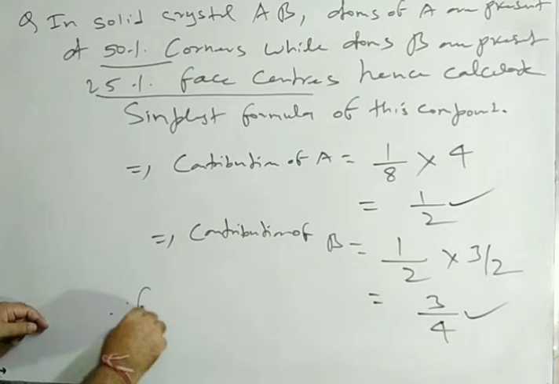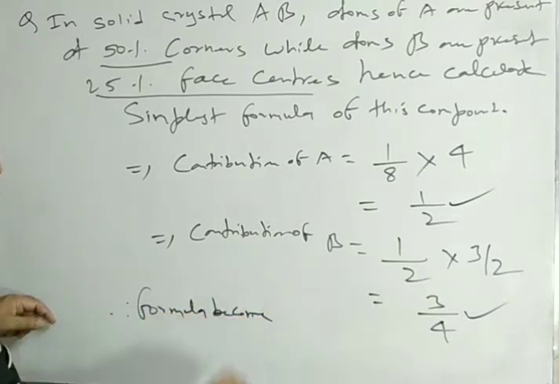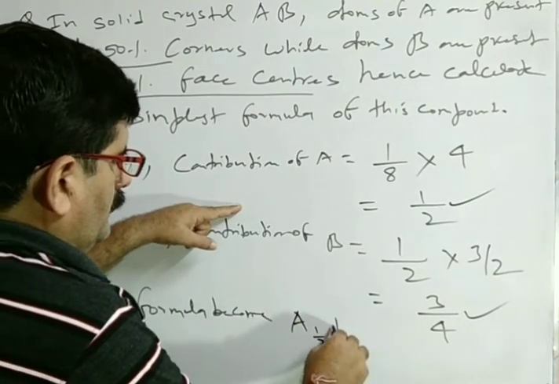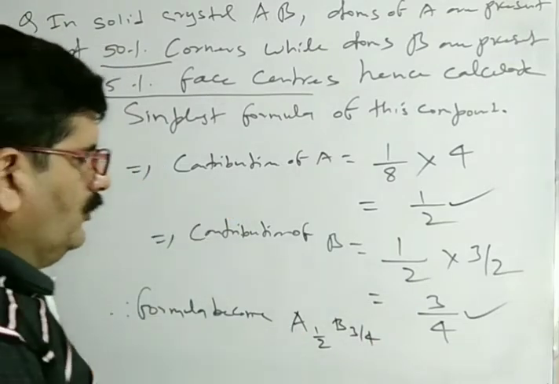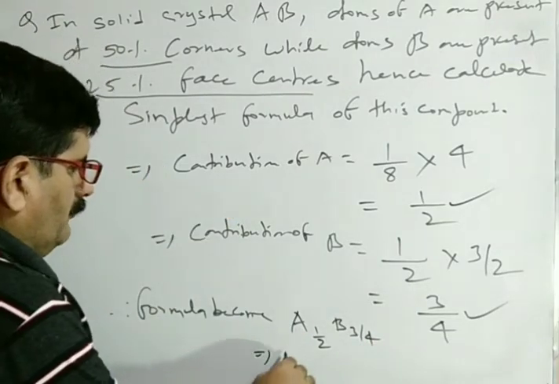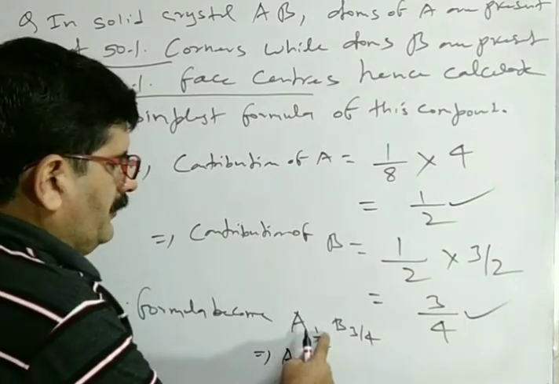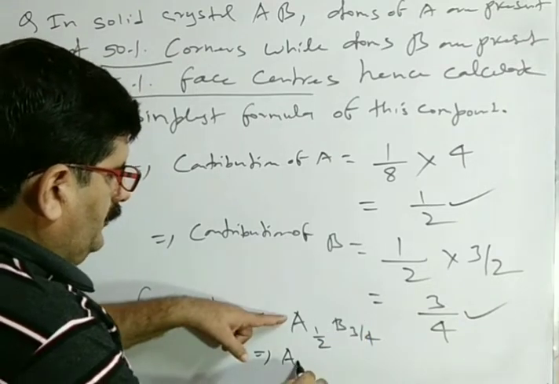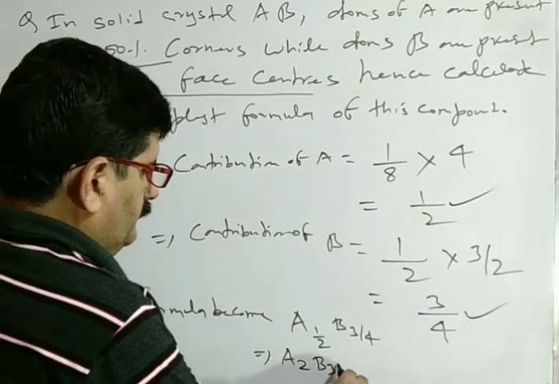Therefore, the formula becomes A 1 by 2, B 3 by 4. This is not a whole number. So in whole numbers, if we multiply by 4 on both, we get A2 and B3.